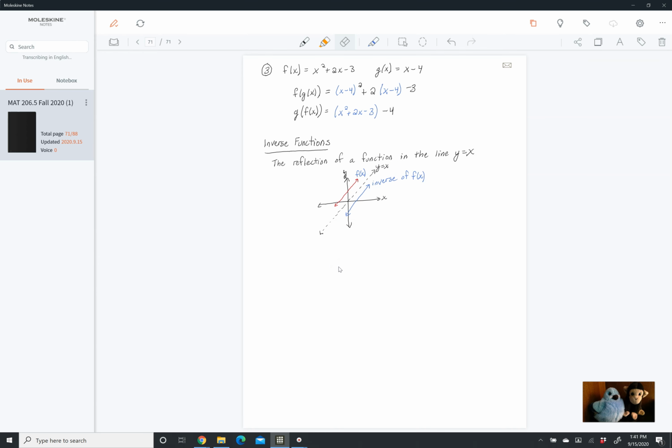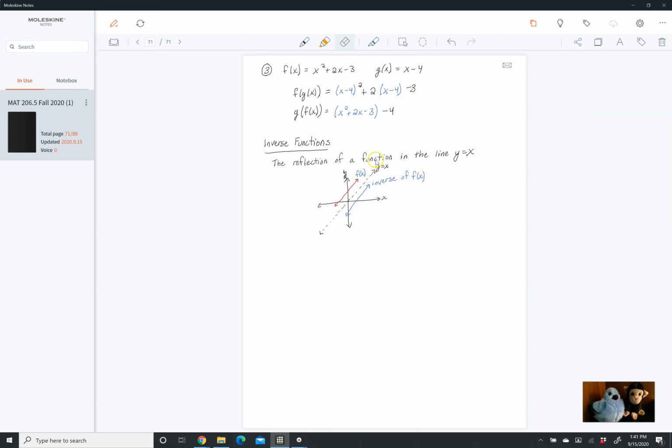Now, there are some restrictions to this. The restriction is that, actually, I'm going to wait for this restriction. Let's first find the inverse, okay? So the way that we describe the inverse is we use a little -1 at the top, okay?